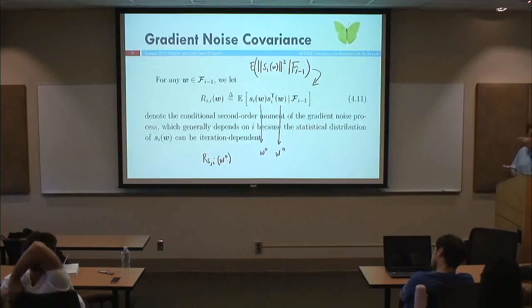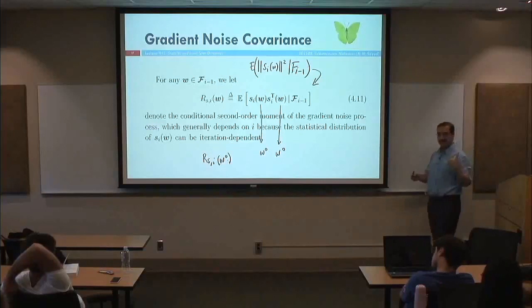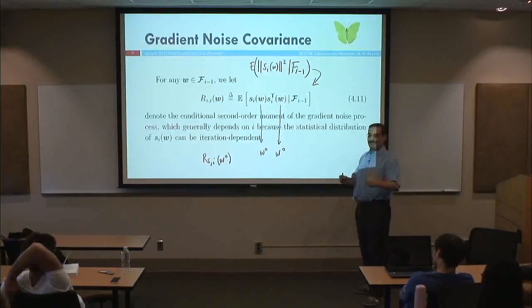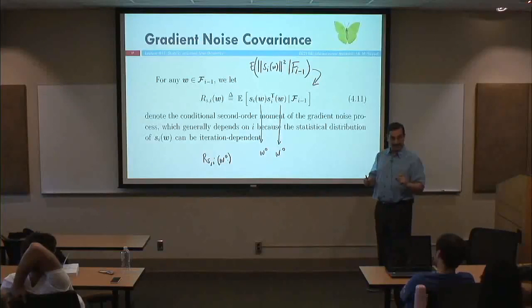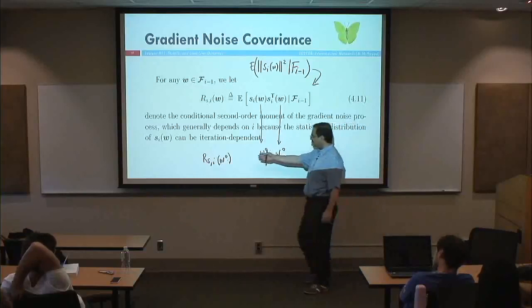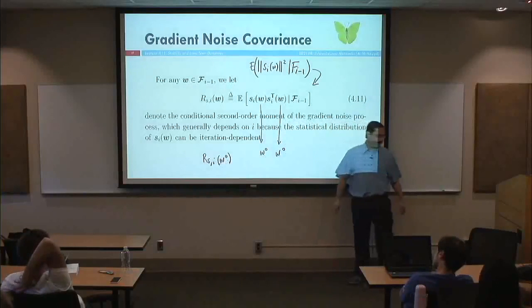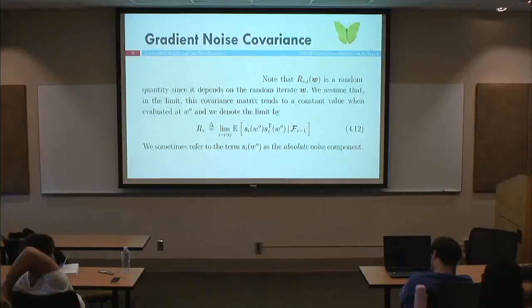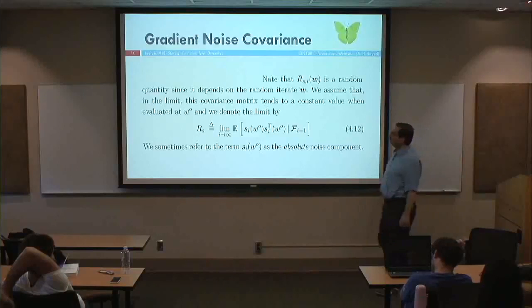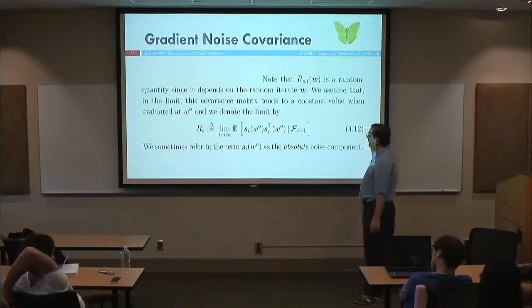Fine, the covariance at w-star. And I explained to you in the last lecture that even if the algorithm were to converge to w-star, you will still have some gradient noise, right? So it will still have some covariance. Okay, now, so this is just a definition for now. Now this is an assumption, but I'll show you that it's satisfied, at least in cases of interest.